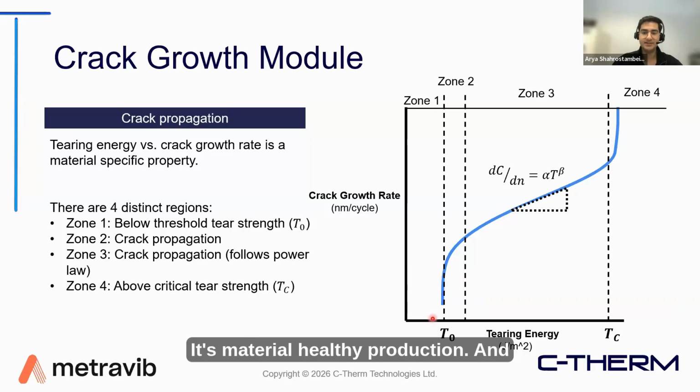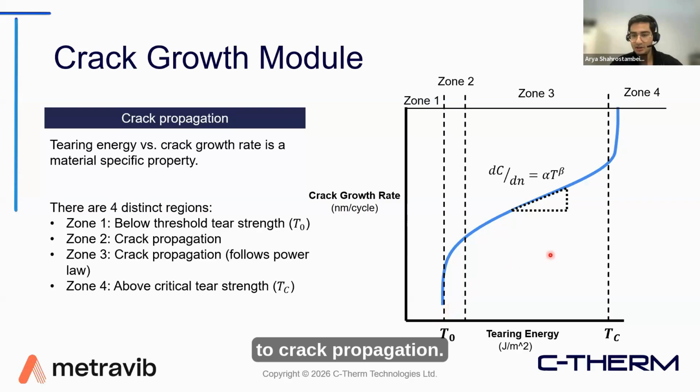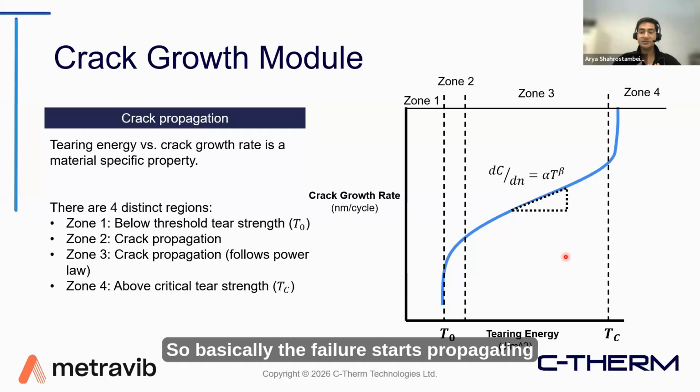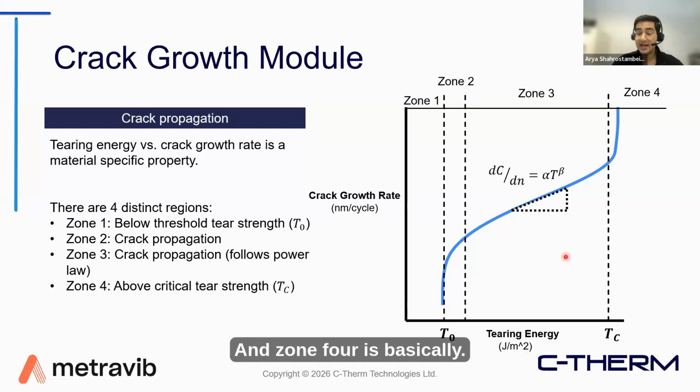It's material healthy performance. And from T0, we can see the crack initiates, and zone 3 is dedicated to crack propagation. So the failure starts propagating through your sample, and zone 4 is essentially the failure zone where the material completely fails.